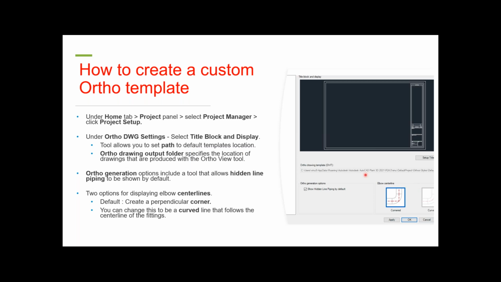Here, there is some information for you to control. For example, you can control what template you want to use. And there are a few more settings here, like whether you want to show the hidden line piping. By default, it's turned on. So if you want to show your hidden line piping in your ortho, you can set it to on. If you don't want to show your hidden line piping, you can just check them off.